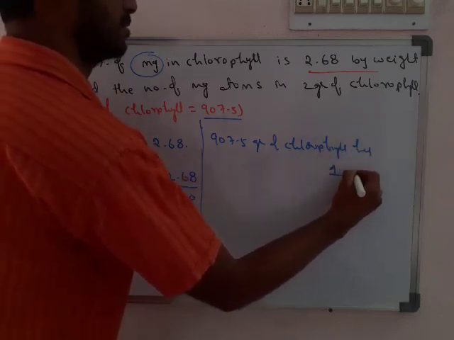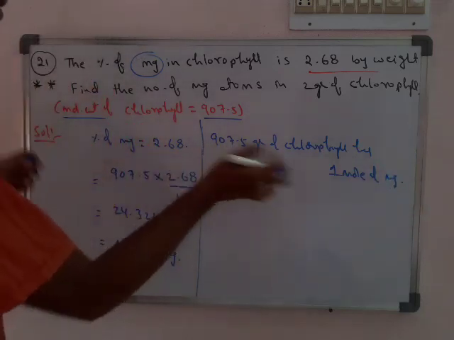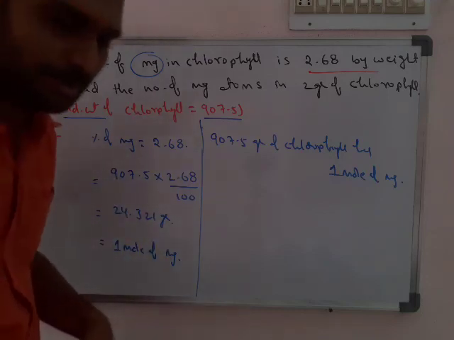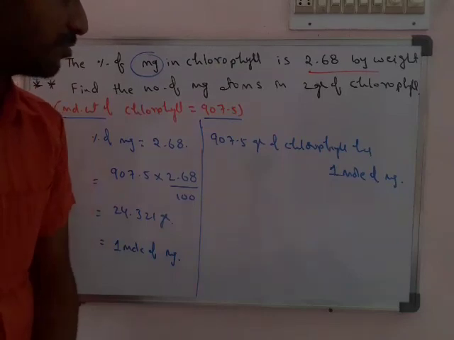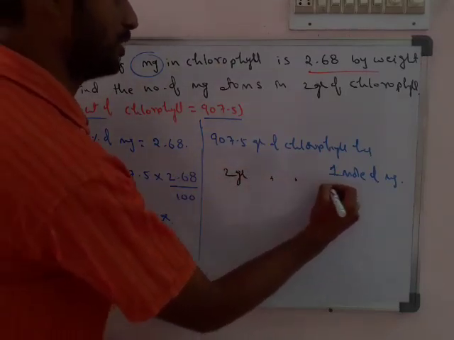has 1 mole of magnesium. Since we took molecular weight, we get 1 as the answer; for 1 mole, the atomic weight is the weight of 1 mole of atoms. So here it is very important. What moles does 2 grams of chlorophyll contain?